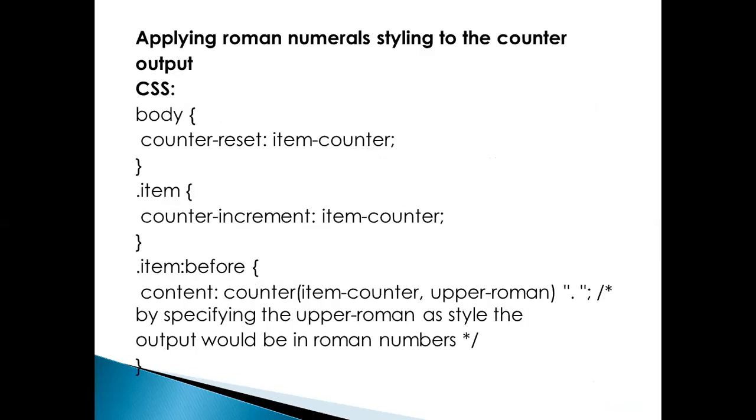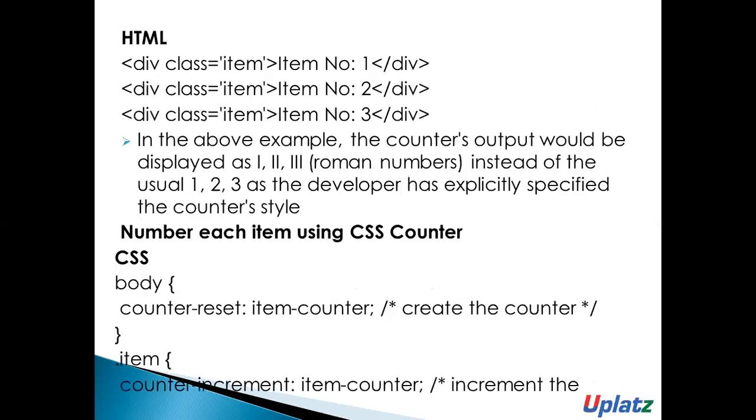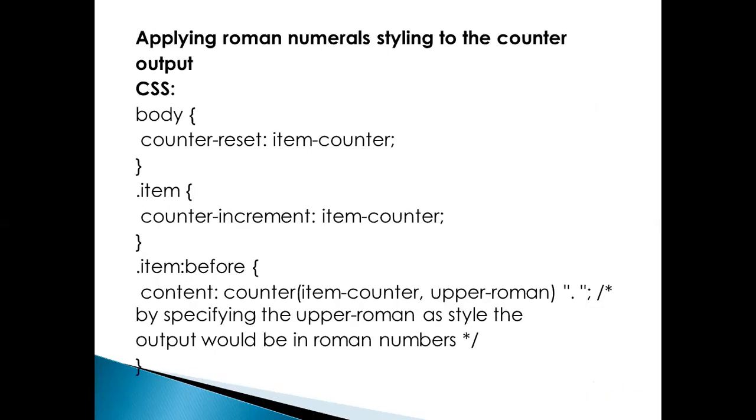So next is applying Roman numeral style for that. So the output would be CSS body item, item before. You can see all the items, which are elements I have in my HTML file. First, in the body I have made counter reset, which is item counter.